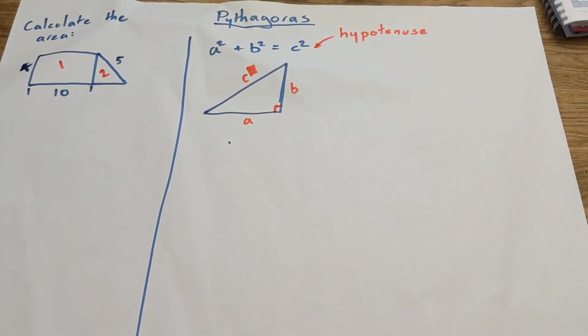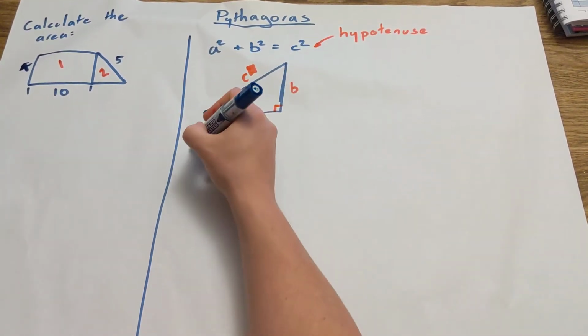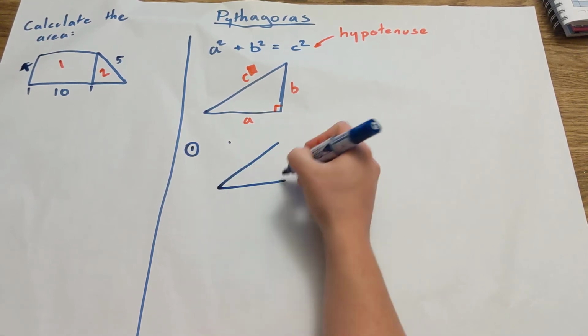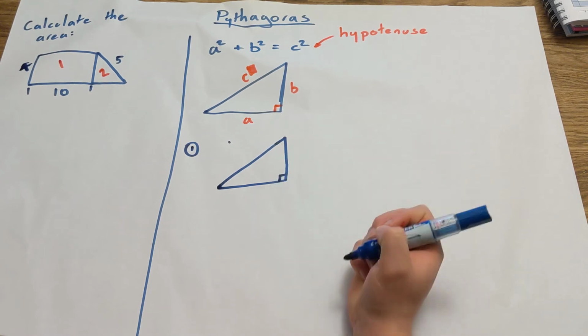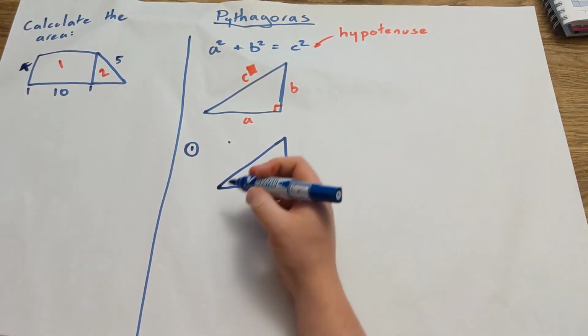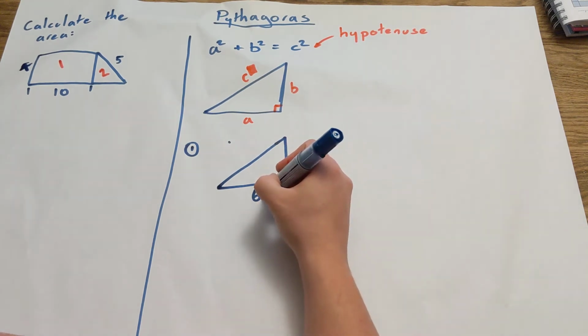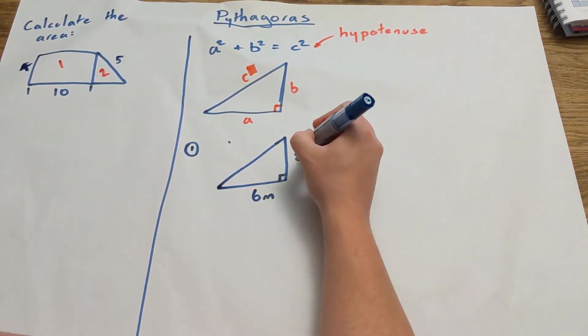So, let's have a look at some of this Pythagoras equation then, and get a bit of practice and get used to using it. Let's say we're going to look at question 1, and I've got a triangle that looks like this. A right angle, very badly drawn again, I'm afraid, and it is 6 meters here and 8 meters there.